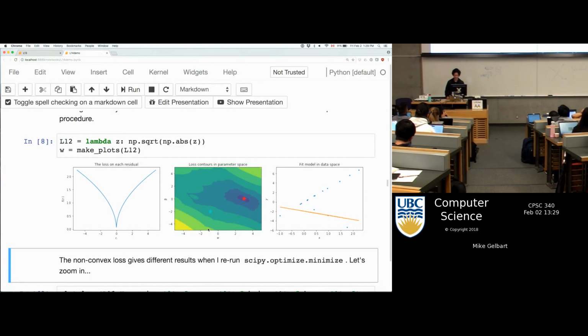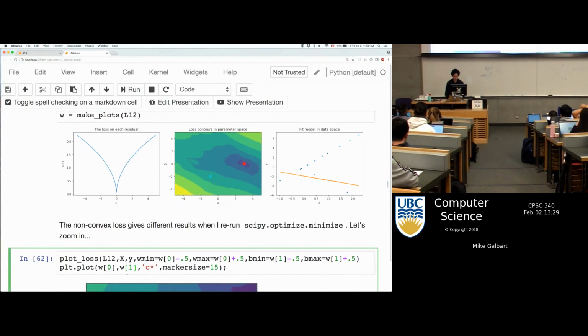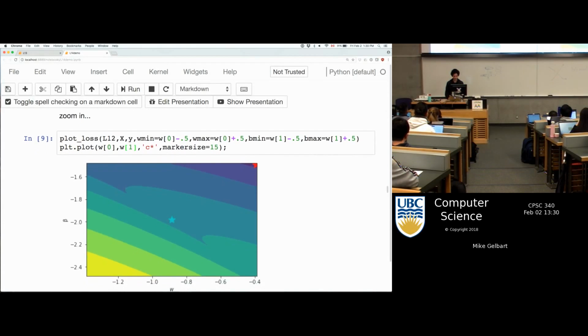And I can rerun it a bunch of times, and it'll be different every time because it's picking a random initialization for the gradient descent. But I also want to show you that I zoomed in here. So there's two things we could be worrying about here. We could be worrying about the non-smoothness, which is there, and the non-convexity. And so there's just a whole bunch of things that can go wrong here.